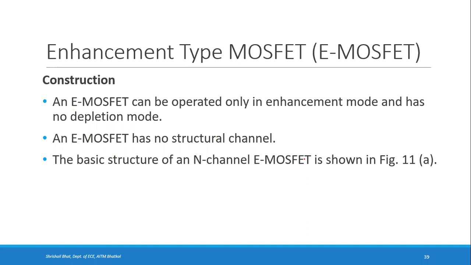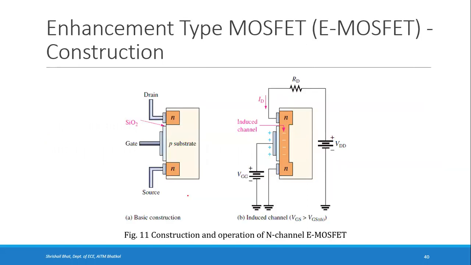If you want to understand the basic structure of an E-MOSFET, this is an N-channel E-MOSFET, wherein the channel that will be created will be of N-type. Look at the figure on the left side. You have a substrate of P-type material.